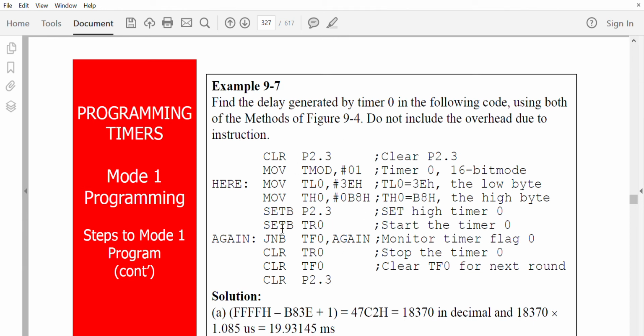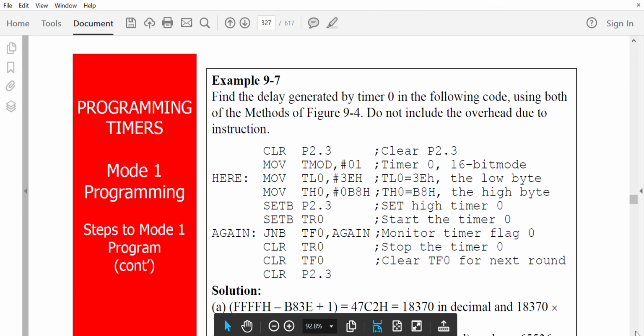Just find out the initially loaded value. You know the final value will be FFFF. Find the difference, plus 1, into 1.085 microsecond. That will give you the half period, and into 2 will give you the full period.